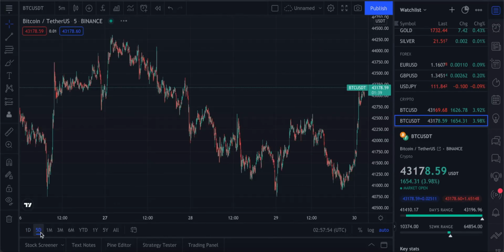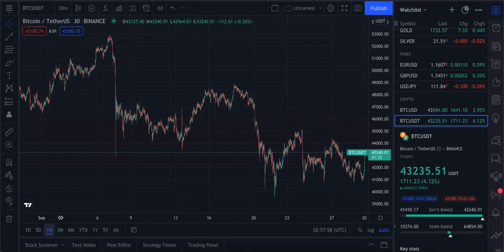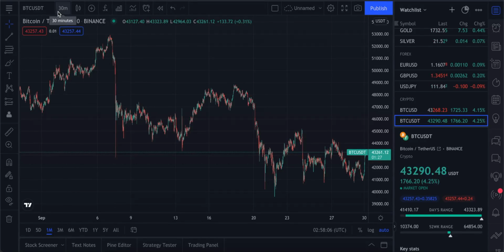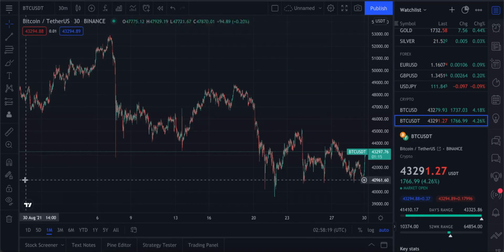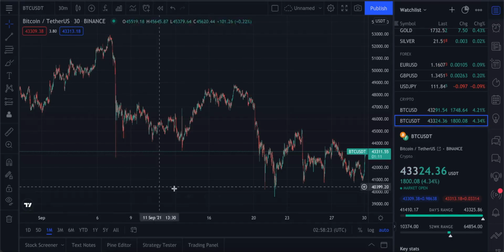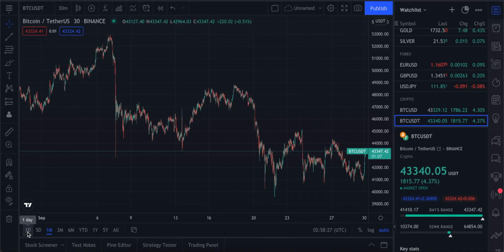And then we have a 5-day chart, and then we have a 1-month chart. And you'll notice that these candles look very different the more broad that we go. That's because with this 30 minutes, each candle that you see is representative of the price movements of the past 30 minutes. And this whole chart that we're seeing right here is what the price has done in the past month. So we're going to keep this simple.